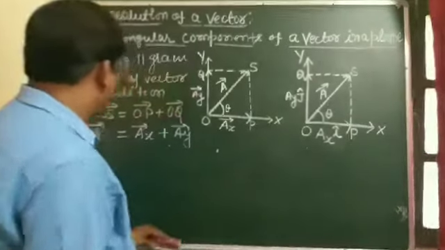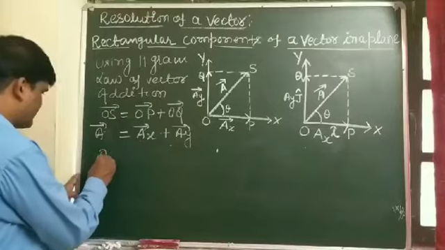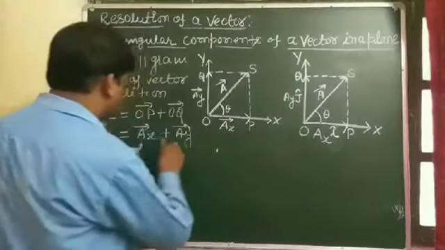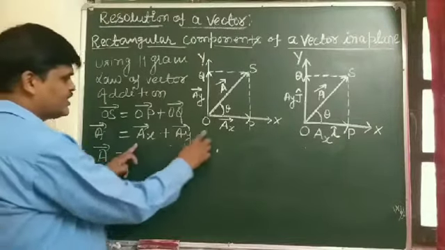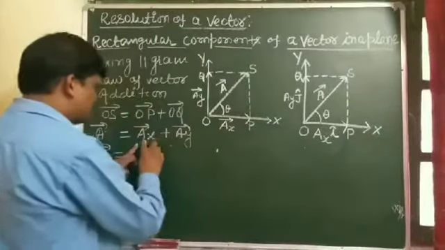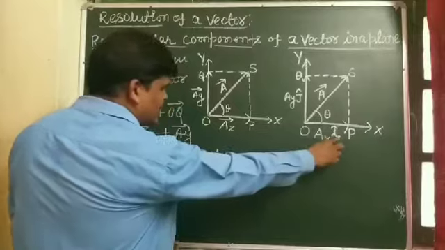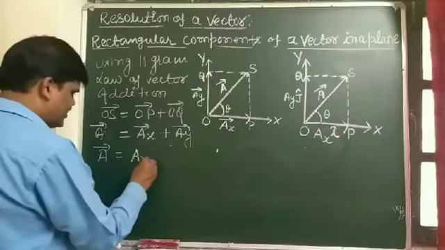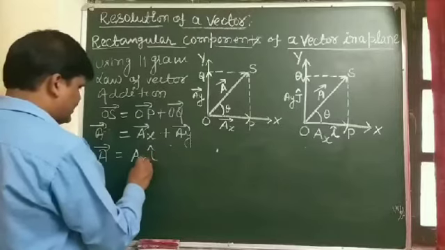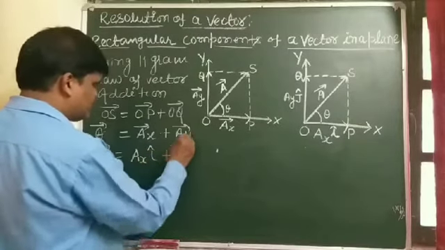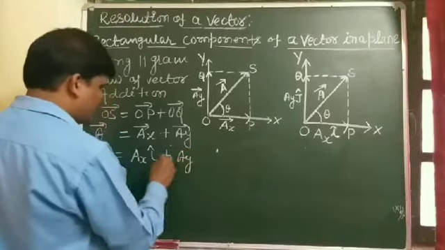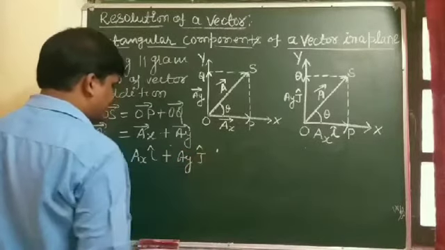So student, now this formula can also be written in a new form. Along the x-axis there will be unit vector i cap. So this vector A can be written as Ax i cap plus Ay j cap.